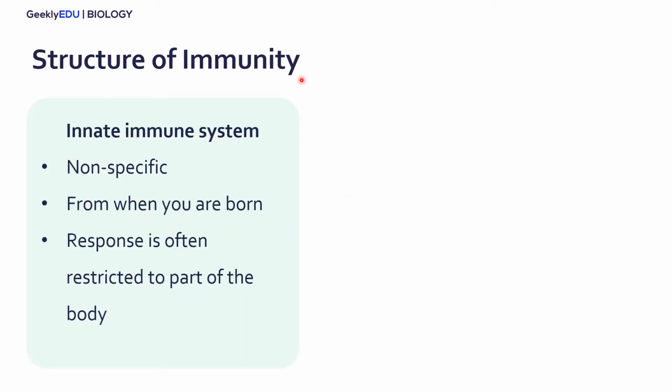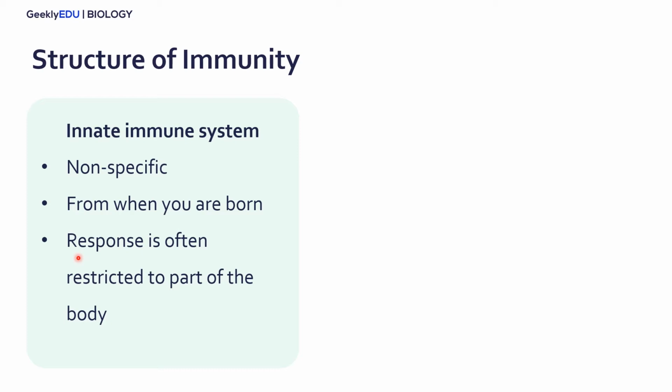And so our immune system is actually composed of two subsystems, the first of which is called the innate immune system. So this is all of our immune responses that are non-specific. So they're aimed to defend against all pathogens. And we usually have these immune cells from when we are born, and they don't change throughout our life. And often the innate immune response is restricted to a certain part of the body.